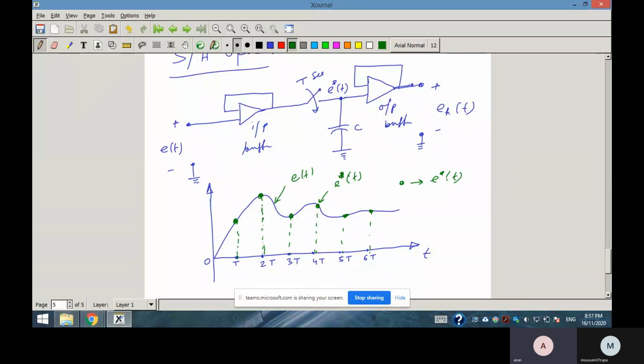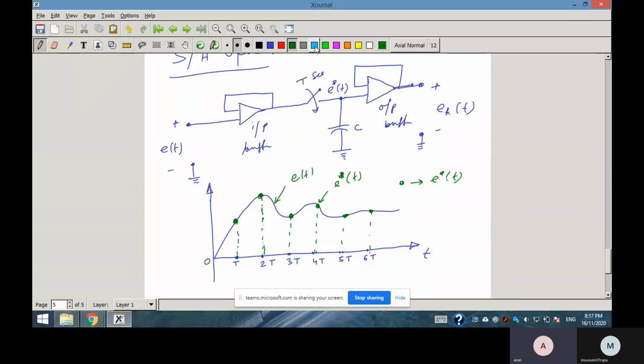So now what will happen? What will be the EH? When E star T occurs, the capacitor will be charged, and it will immediately hold the voltage.